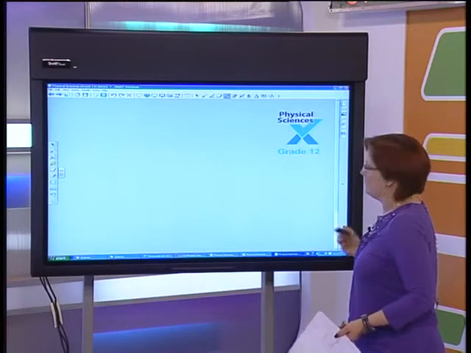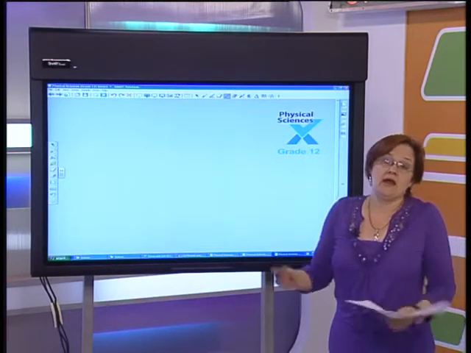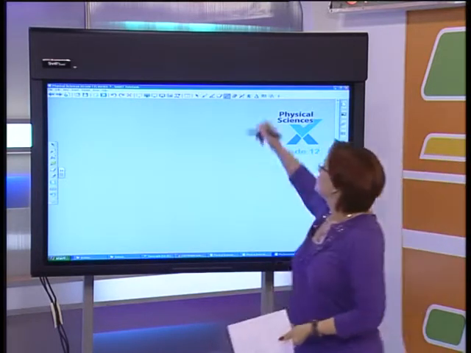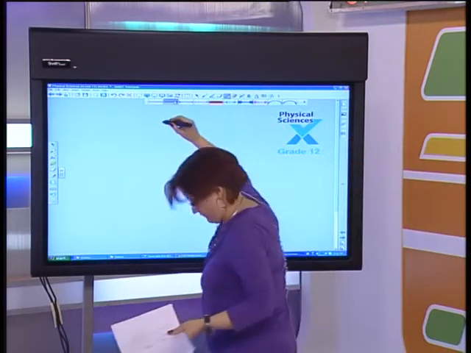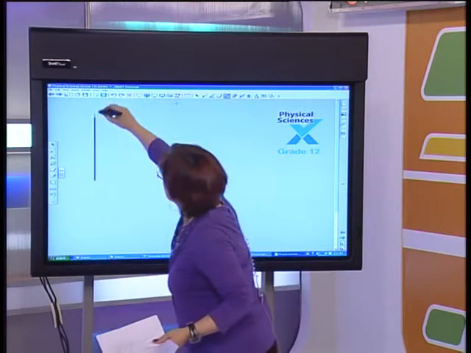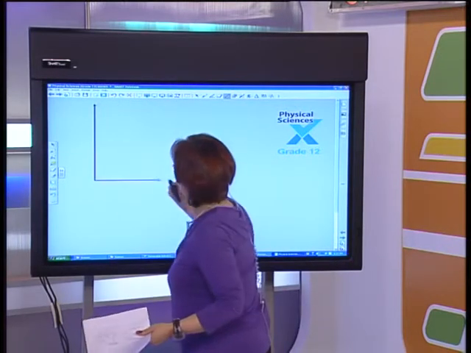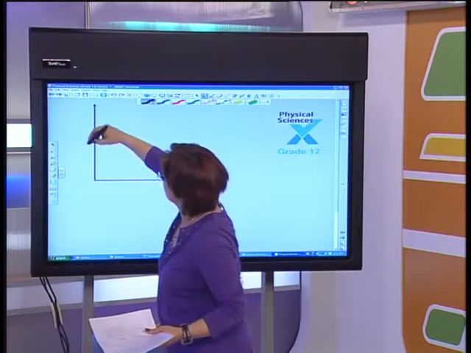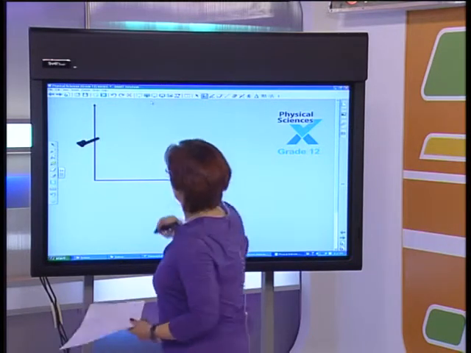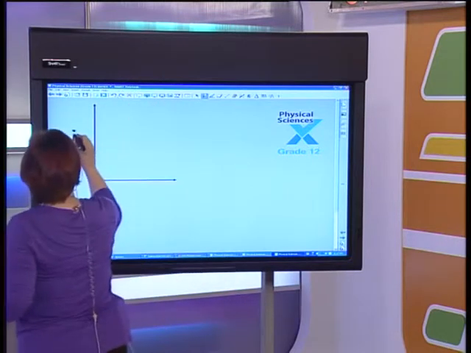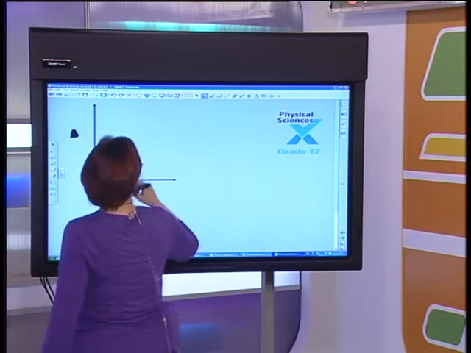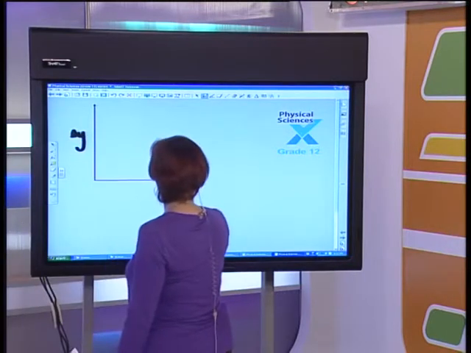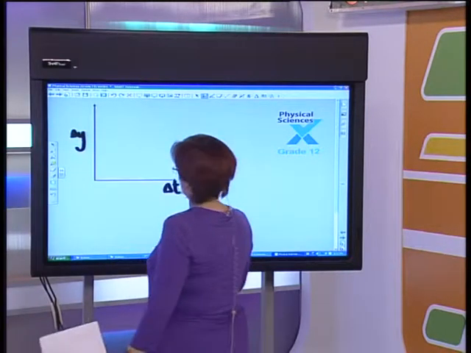What happens if, for example, it is a graph where I'm dropping a stone? We're going to have our axes like we would have normally. There's our two axes, and this one is my displacement, let's just make that y, and that's time.